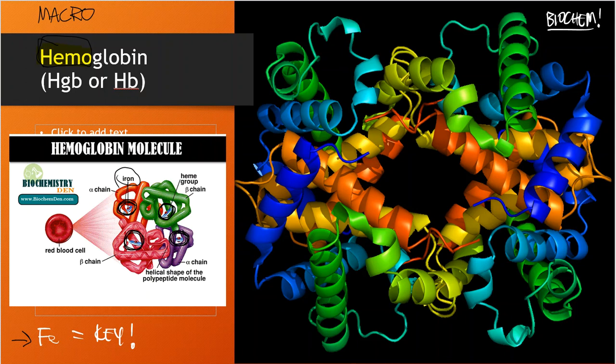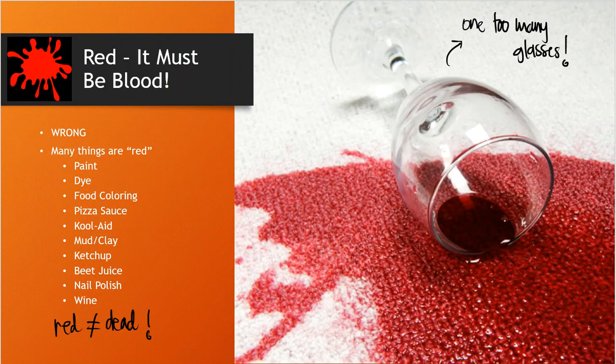So chemists long ago, and people that worked in the laboratory long ago, said to themselves, hey, listen, blood is a little different than some of these other red colors that are pretty common in a household. One of the ways that blood is different is the hemoglobin molecule. Because if I look at these samples like paint, dye, food coloring, pizza sauce, Kool-Aid, they're not going to have hemoglobin.